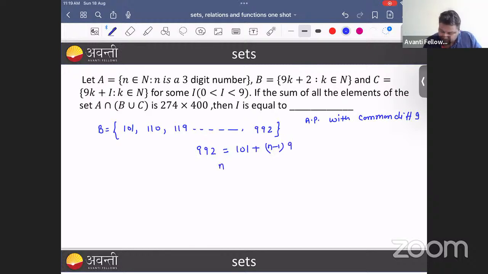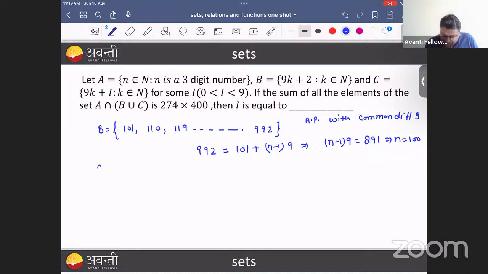This implies n minus 1 into 9 will be 891. Got it? So if you solve it, what do you get? N is 100. Got it?